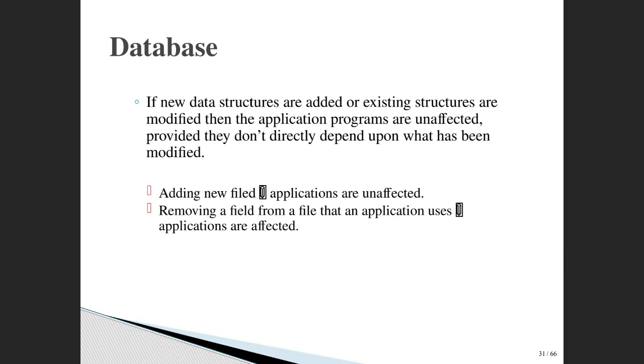It's all because of one thing: the data definition is stored separately, independently from the application code. That's the main reason. If new data structures are added, or existing structures are modified, the application programs are unaffected. So this is just for you, for more clarification.